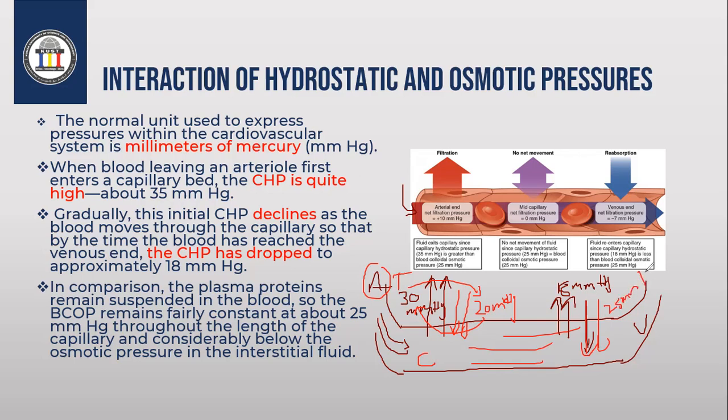Okay, so now which one is bigger? The bigger one is 25 millimeter mercury. That means you will have the fluid moving from outside, from the tissue, to go inside the capillary bed, carrying the CO2 with it. Here it carries the oxygen with it.